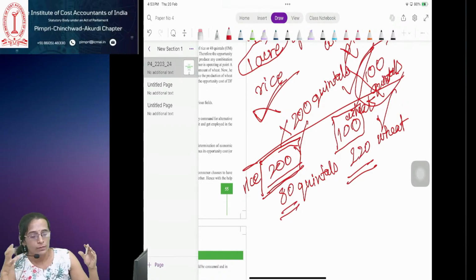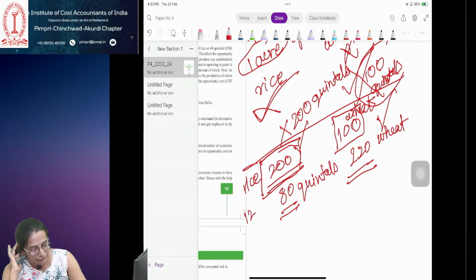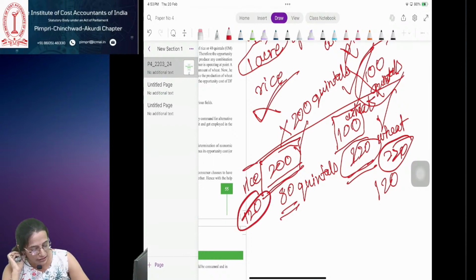So they are interdependent with the level of opportunity cost. If I decrease this to 80, I forgo 120 here, right? And the increase here is 120. So if I increase the wheat production to 220 quintals, the opportunity cost for it is 120 quintals of rice.